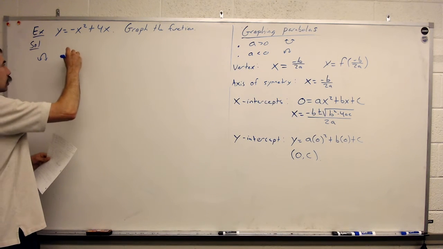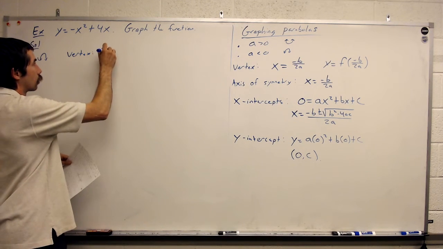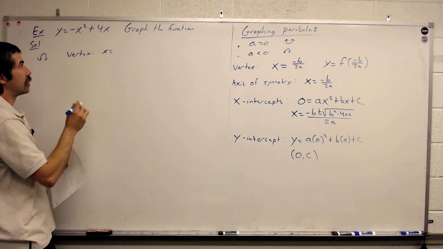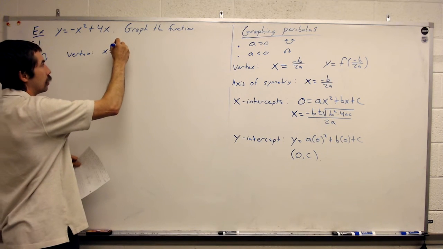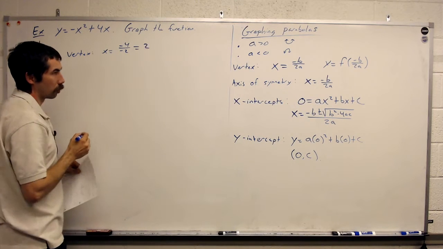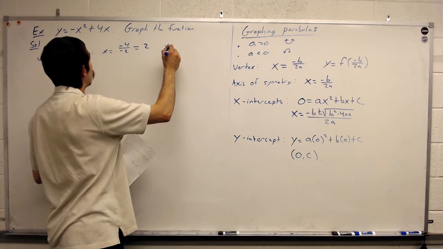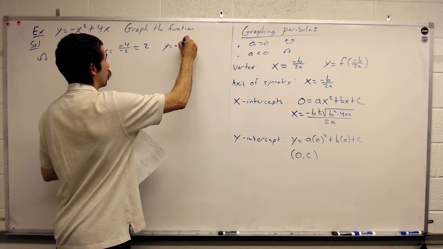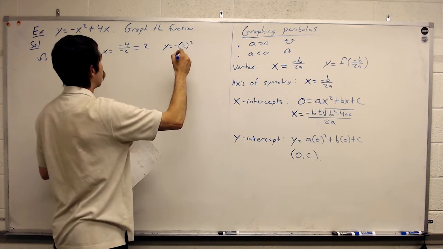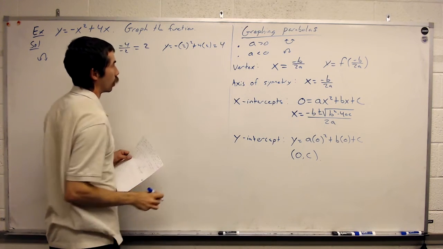Next, we need our vertex. X is negative b over 2a, -4 over -2, which is 2. Okay, y is negative 2 squared plus 4 times 2, which is 4.